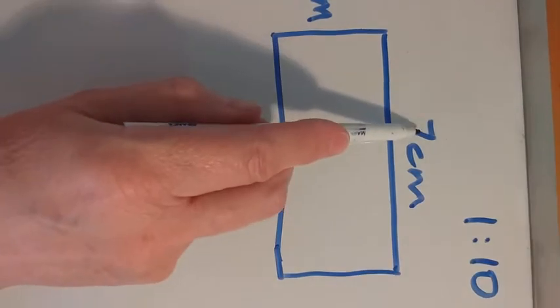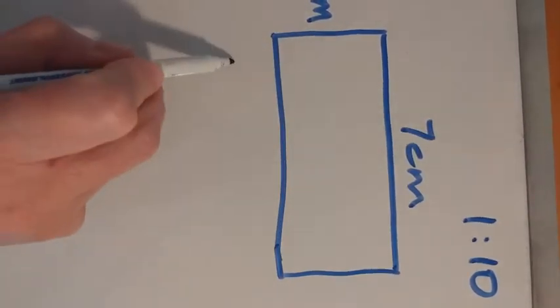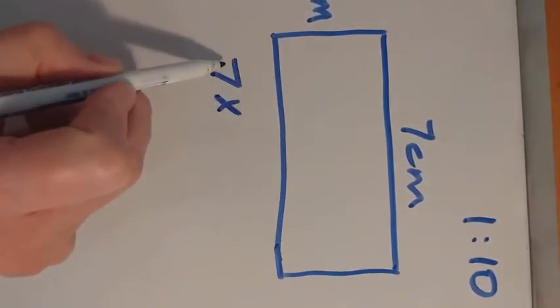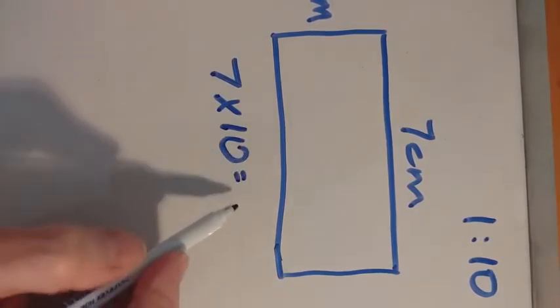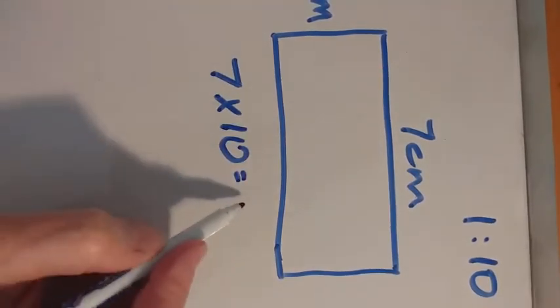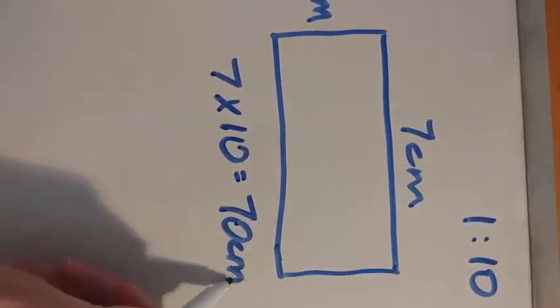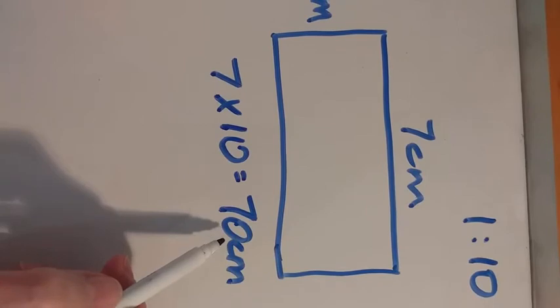So if you've got 7 centimetres here, each of those centimetres stands for 10 centimetres in real life. So in reality, 10 sevens are 70. The real object would be 70 centimetres long.